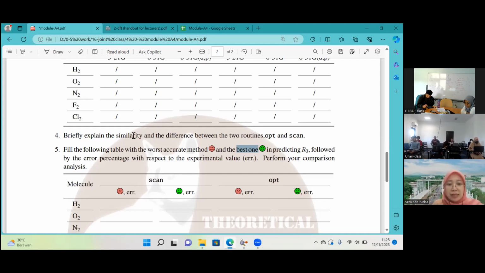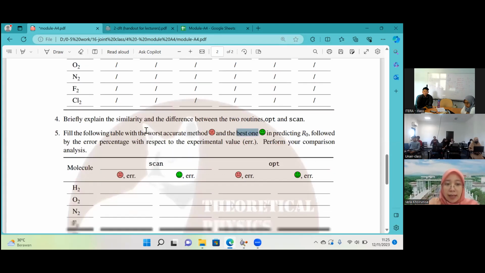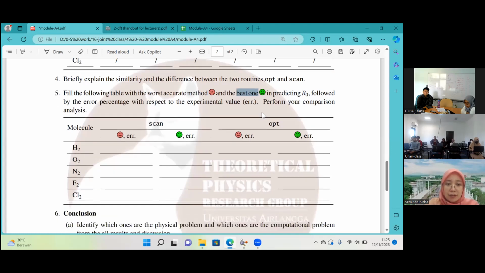So find the similarity and find the difference. So you make the comparison analysis here. And the 5 is, choose the worst and the best accurate method, and then you make the comparison analysis here. Okay.